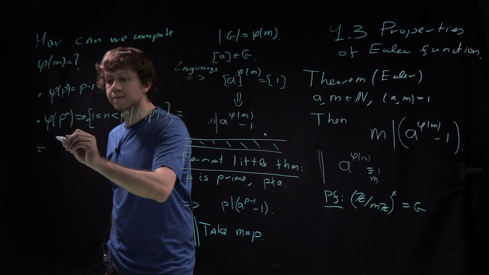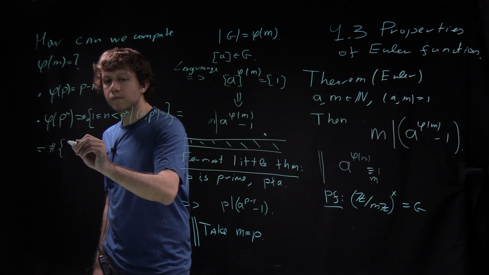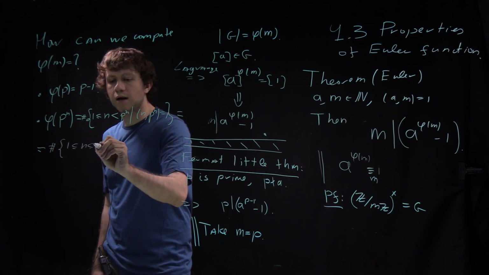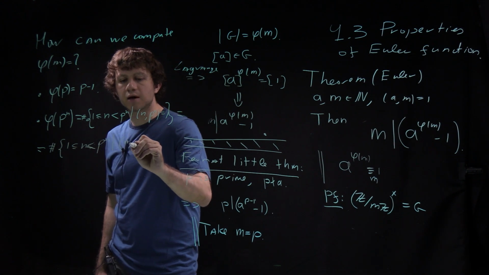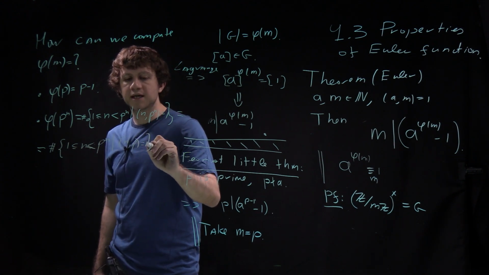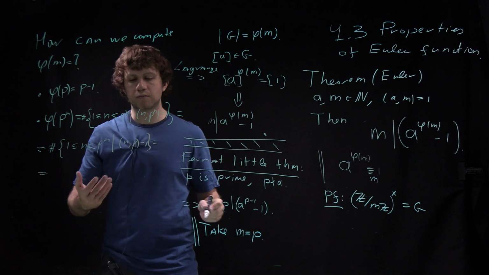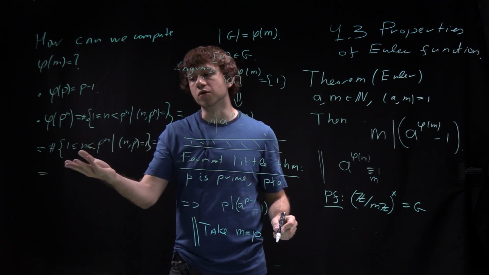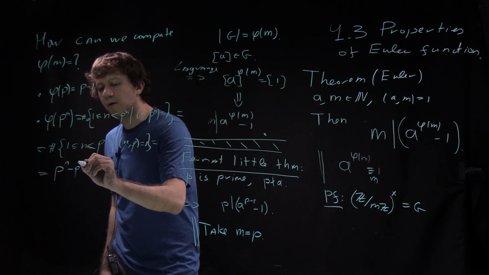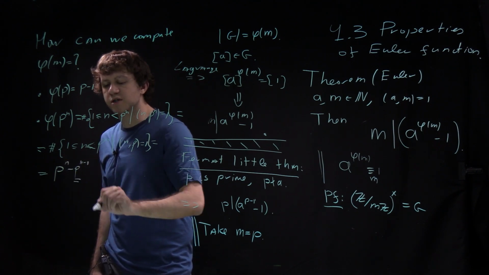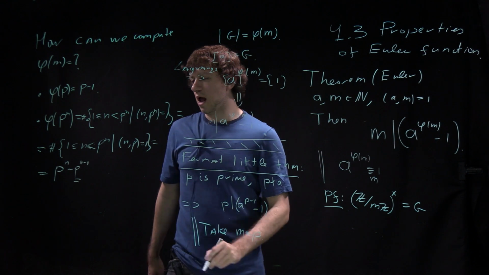This is, of course, the same thing as the number of elements from 1 to p power n, such that n and p are coprime. And that's very simple to count, because how many of them are not coprime? Those divisible by p. And so the answer is p power n minus p power n minus 1. So these are all numbers p times something.